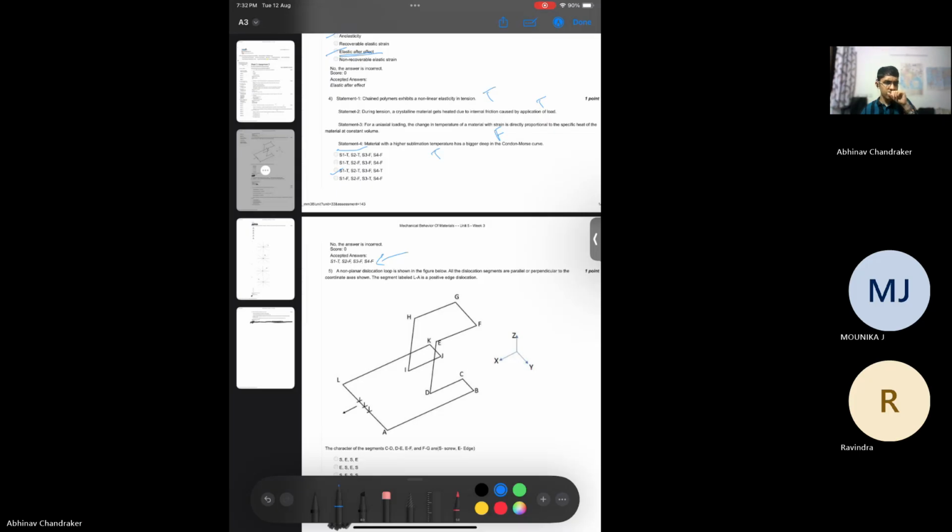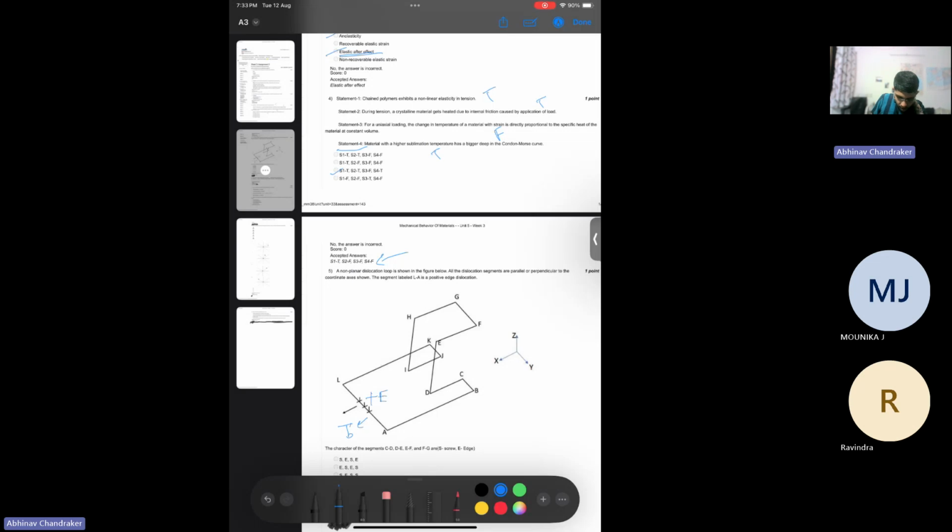L2A is positive edge, so let's write it like this: positive edge. So the Burgers vector for this will be perpendicular to the line direction. That is the definition of an edge dislocation. So b is in this direction as is shown here.